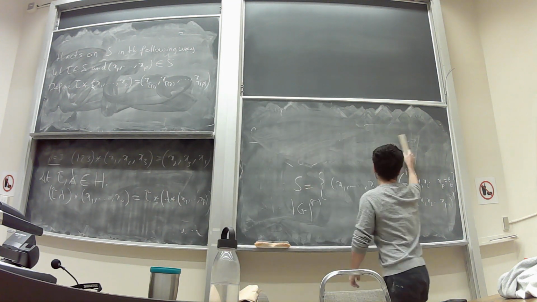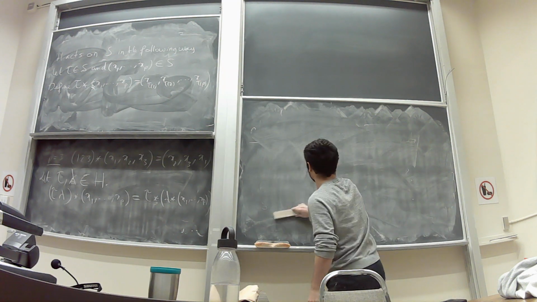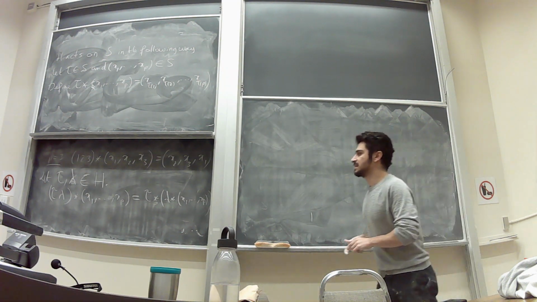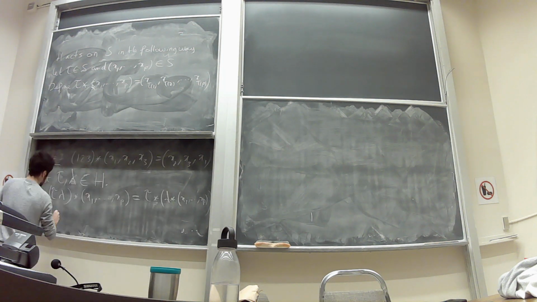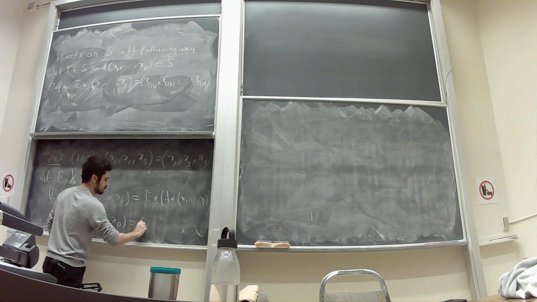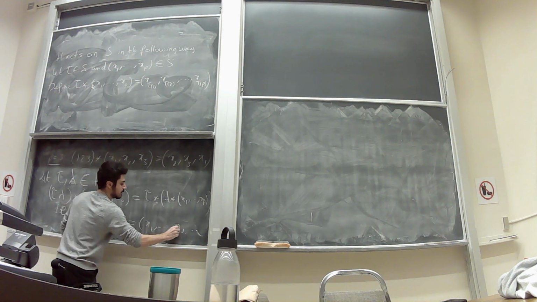Now there is something important that I need to show, but we'll just do that later. And first, of course, I need to show that the identity in S_p star (x1, ..., xp) is equal to (x1, ..., xp).